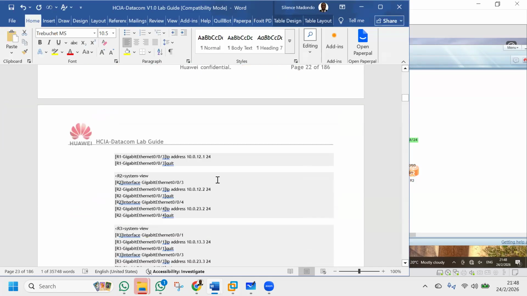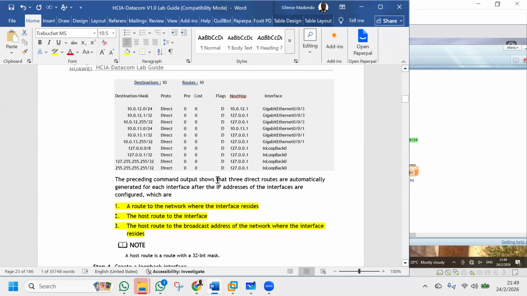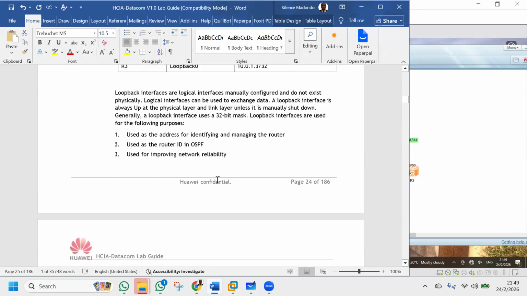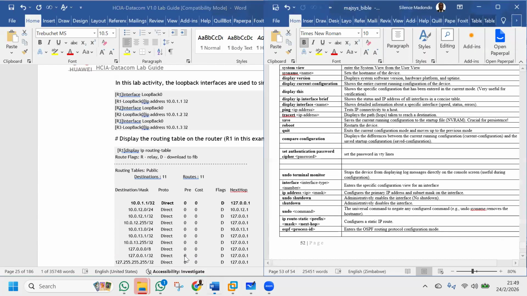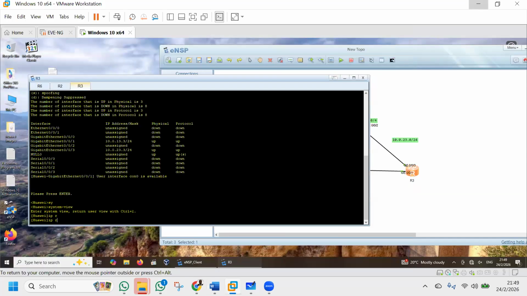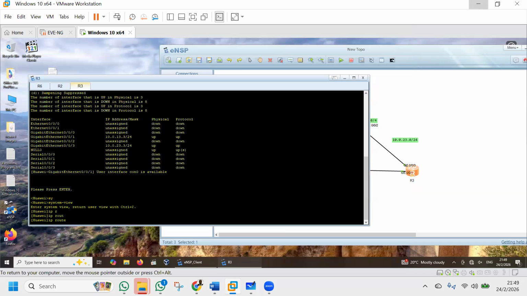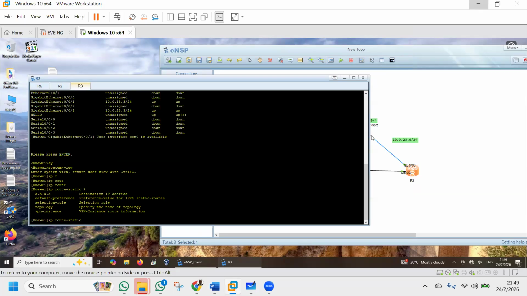IP routing table. I'm looking for the command for static route. Is it IP route static? IP route static. Right, which network do I need?